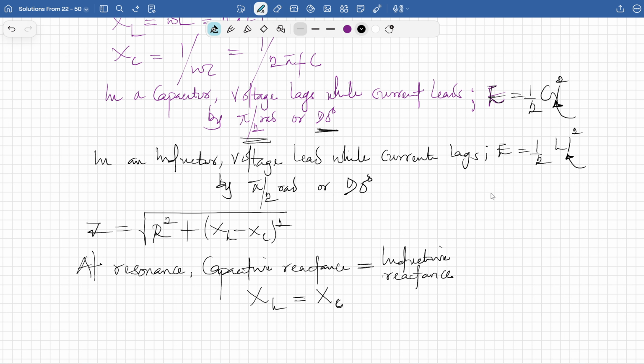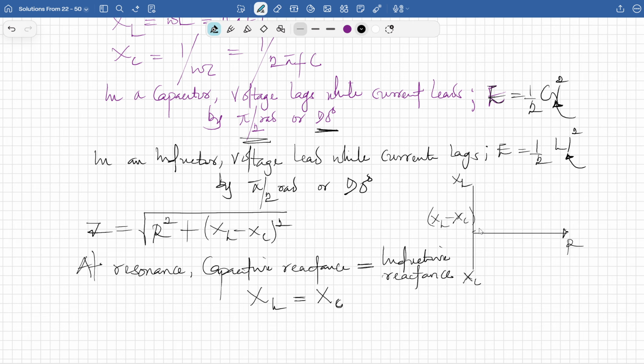This is a kind of a diagram for the phase angle and how it's being obtained. On this axis we have XL, on this axis we have XC, but at this junction you have the subtraction of both. So I can have the equivalent at this middle point. At this point is where you have your resistor.